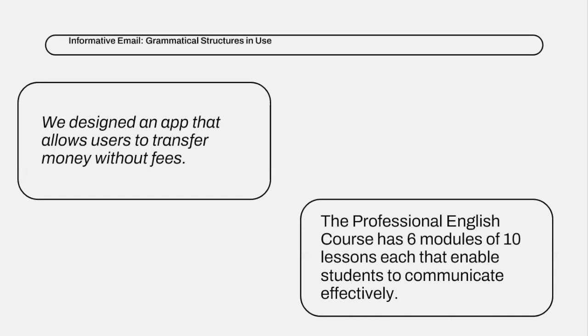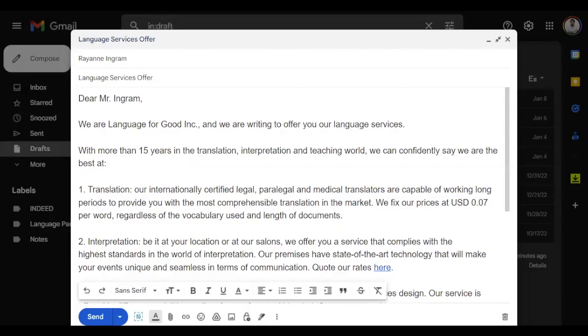Now, let's move on to a sample email from which we're going to analyze the structure of a well-organized informative email. When we talk about informative emails, the same conventions apply. You need a clear subject line and an appropriate salutation.